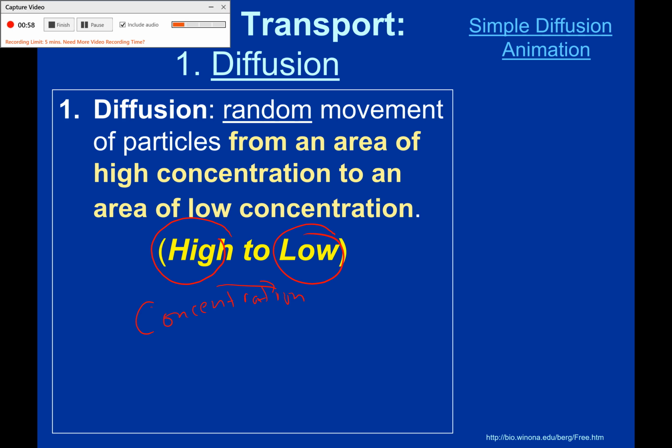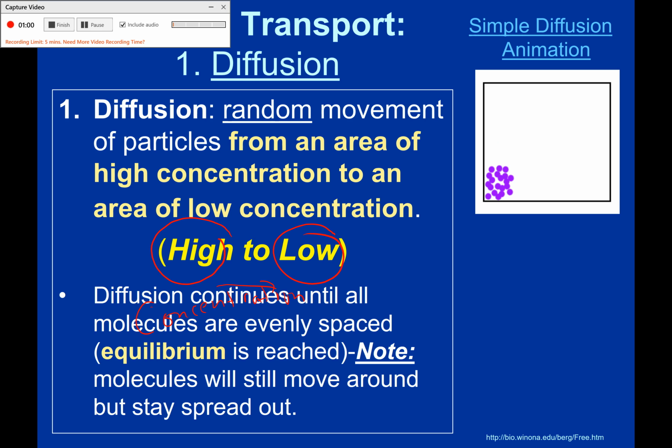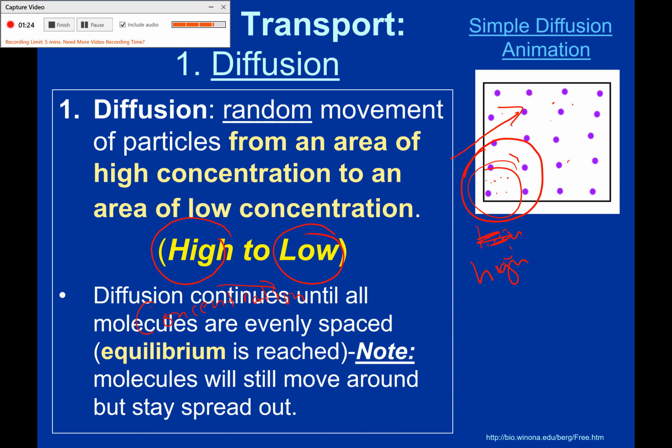See how this concentration starts here, where it's the highest. These gas particles start off really concentrated right here. They are in a high concentration when they're here, and then they disperse because there is a low concentration over here. So they kind of spread out.